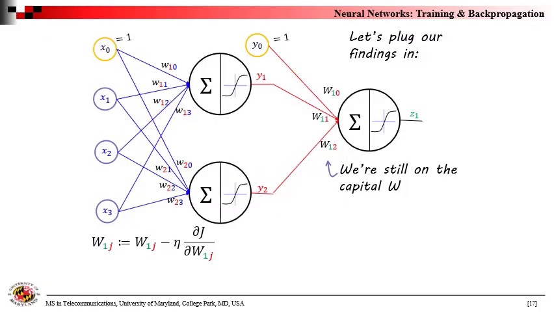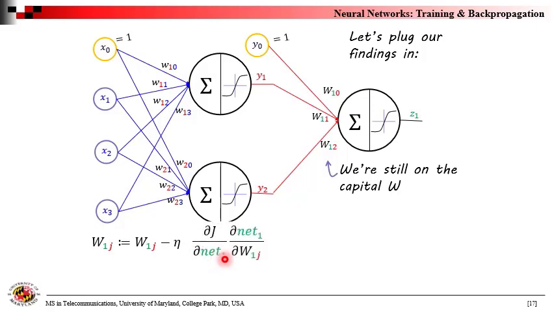All right, so now that we have the derivative of the sigmoid function, let's plug in our findings. We're still on the capital W's, and we want to learn how to update the values in an iterative fashion so as to train our W's with 1 point of training.